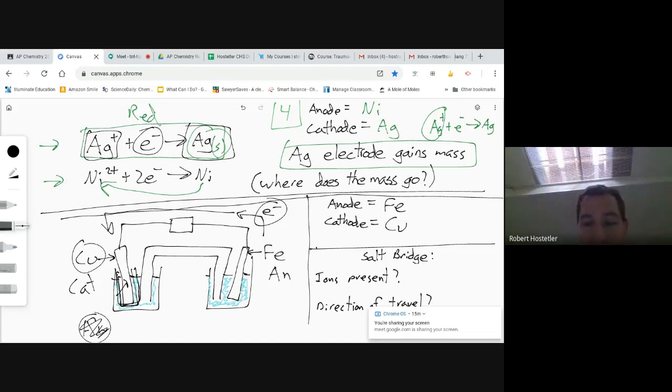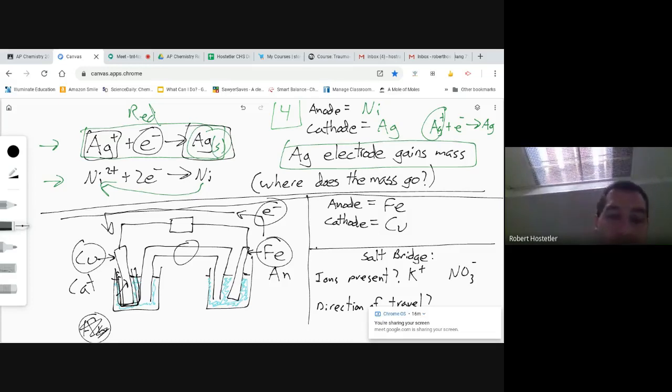Now, you're not going to have to draw a picture of a salt bridge, but they can still ask you questions about the salt bridge, like what would be present in here and which way would they be going. So remember, you want to pick ions that don't react with anything. So something from group 1 would be good, like potassium ions and nitrate ions, always a good choice.